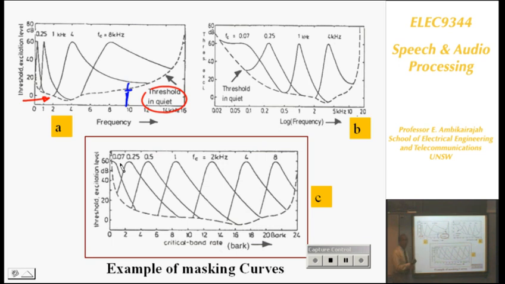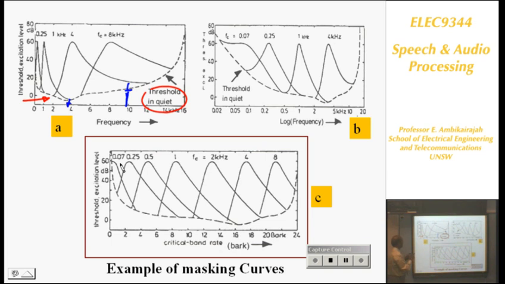If it's above, you will hear. If it's below, you won't hear. So once the threshold of hearing is set up, if you want to hear a sound, your amplitude has to be above the threshold of hearing.